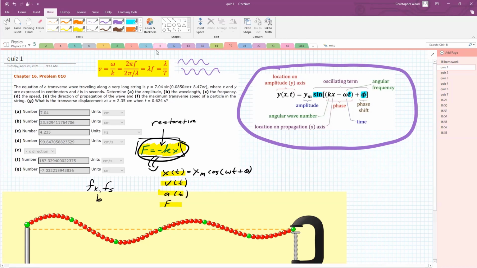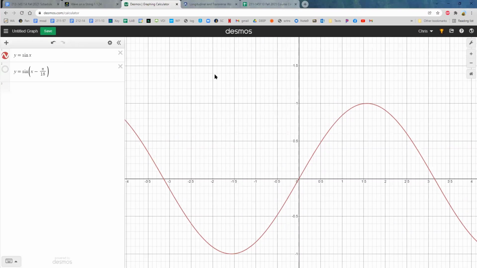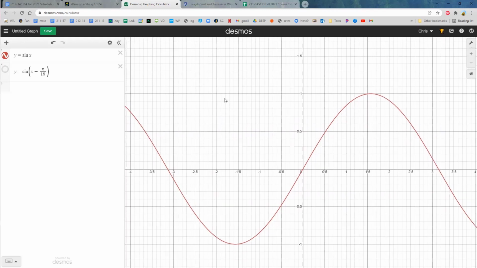What else do you know about? You know about amplitude. Amplitude is here. Let me just do a little bit of a snip. If I go back into Desmos and take a screen snip. Screen snip, waiting for my screen snip.